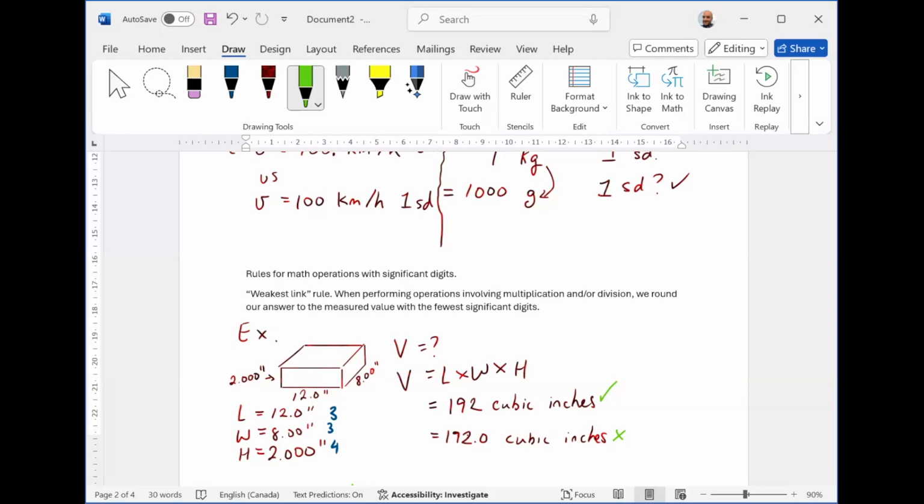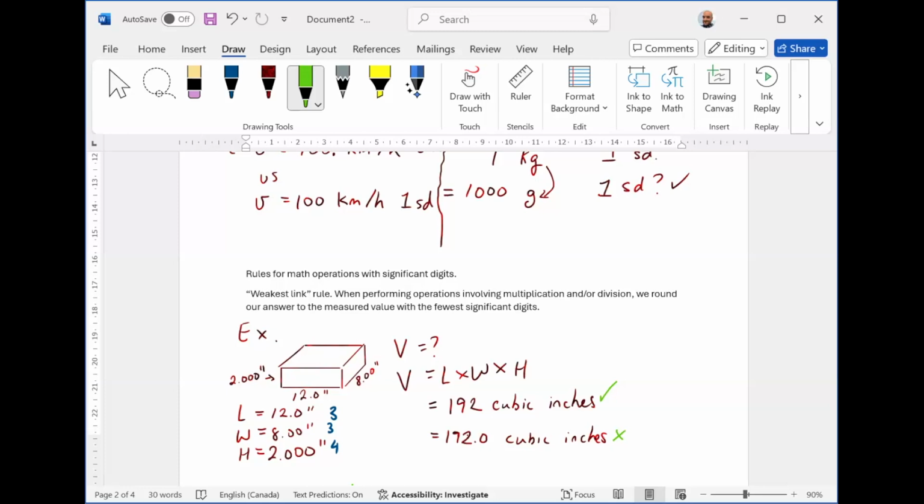And at the end, you're going to take a look at your final answer, and then you're going to go back and look at those measured values, and ask yourself, okay, which of these measured values has the fewest significant digits? The fewest significant digits is what you round your final answer to. So 192.0, that might be something that you see on a calculator, but you have to round that to the proper number of significant digits. And in this case, it's going to be 3.